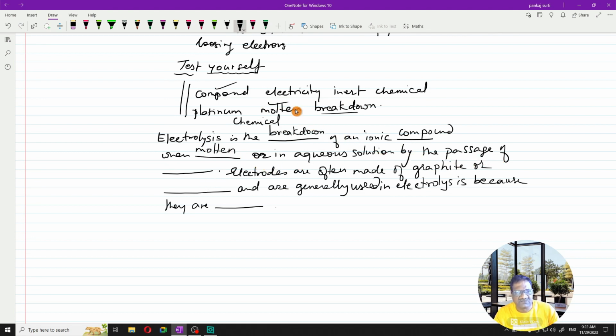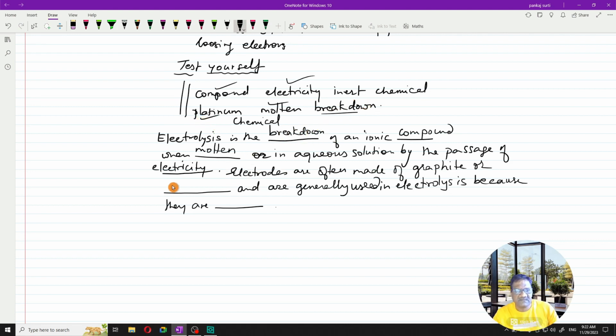dash. So dash means electricity. You have to pass electricity. Full stop. Then electrodes are often made of graphite or dash. Now graphite or what should come? Platinum.